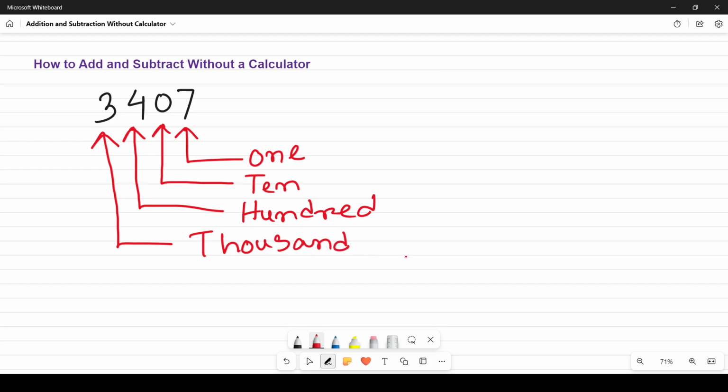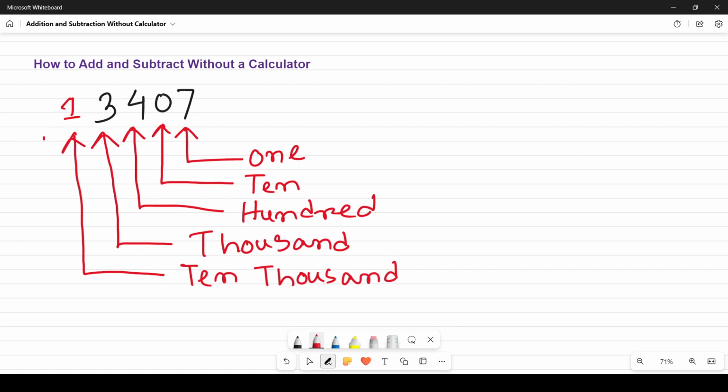And then it goes up. If we have any number in front of this, say a 1, in that position the place value will be 10,000.